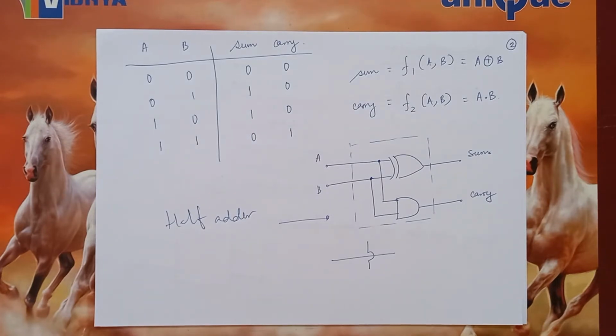But let us not forget that the arithmetic operations done by a computer or a processor are essentially based on electronics. Effectively, the computer has something called hardware.